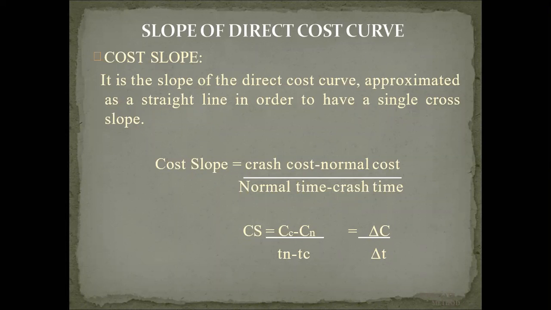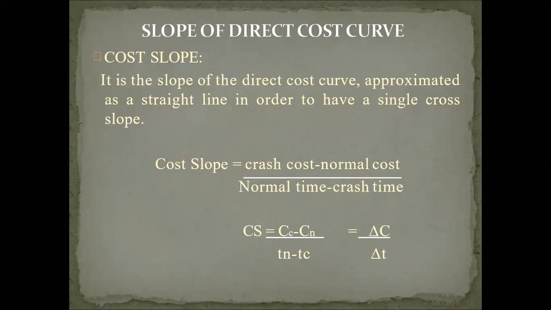So in the example we have taken, crash cost is 27 lakh minus normal cost 25 lakh, normal time 15 months, crash time 12 months.